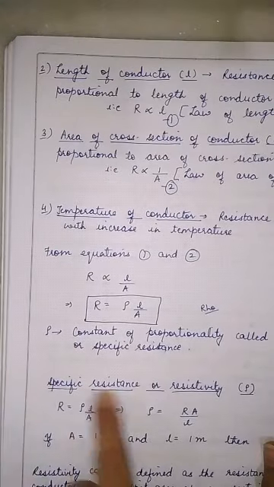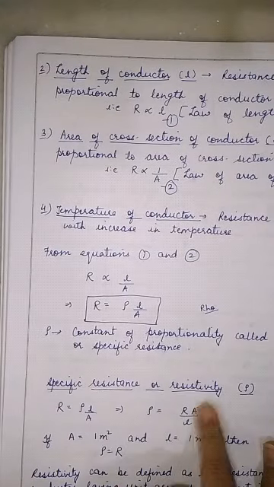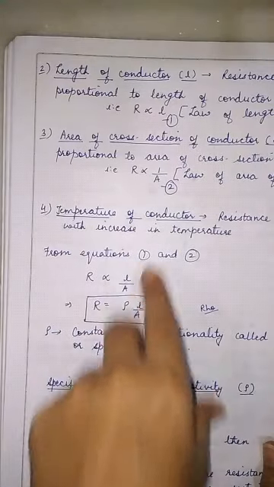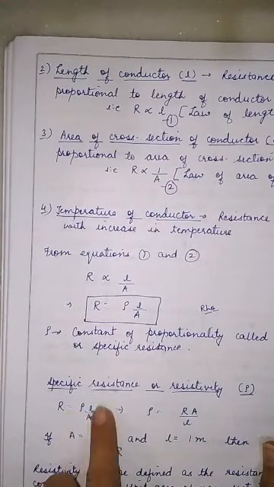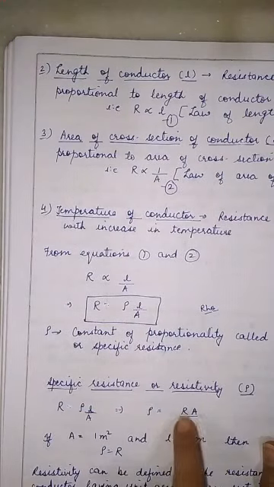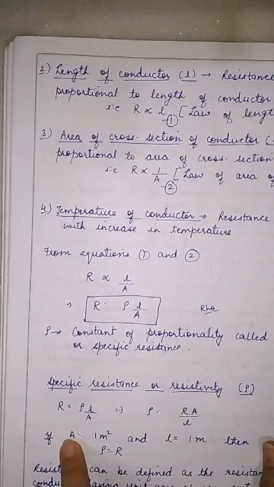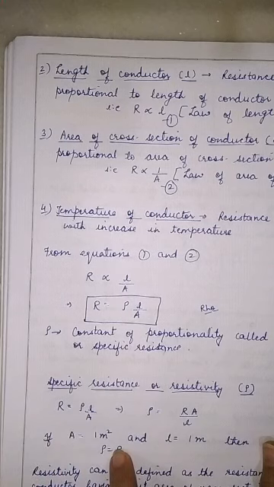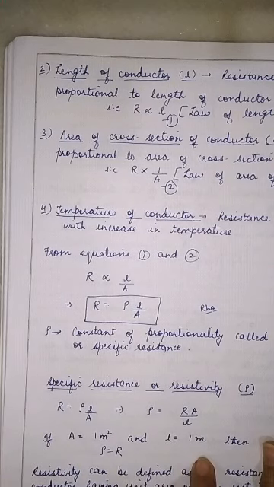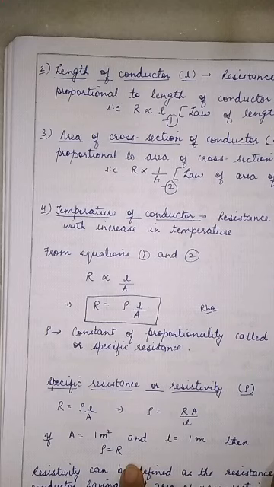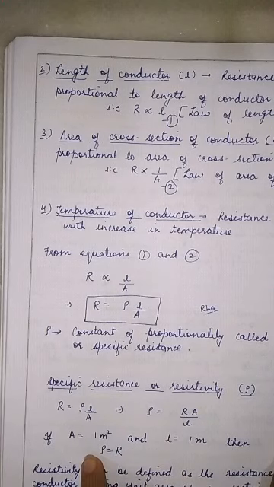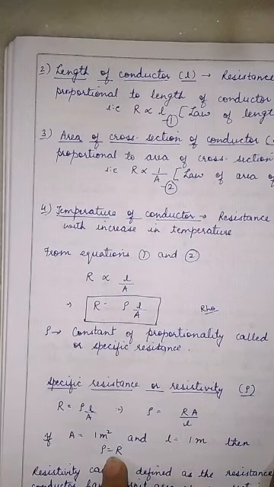Now we'll define the specific resistance or resistivity. From the formula of resistance, we know that R is equal to rho L by A, or rho is equal to R A by L. Now if we consider that the area of cross section of the conductor is 1 meter square and the length of the conductor is 1 meter, then rho is equal to R. So we can define the resistivity in this way.